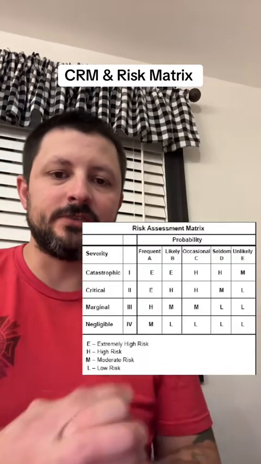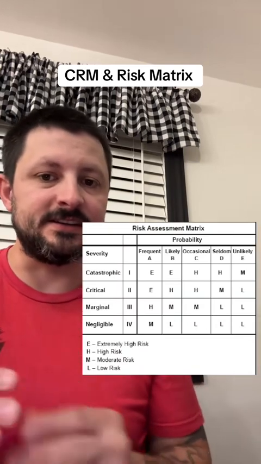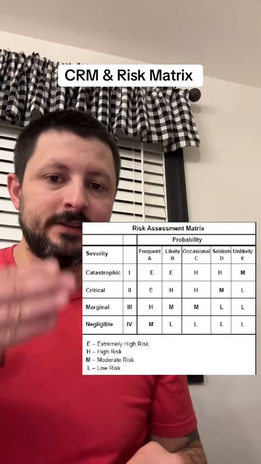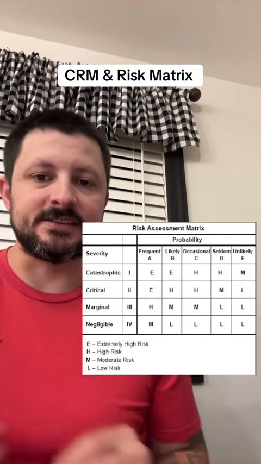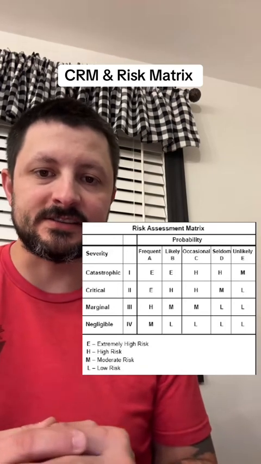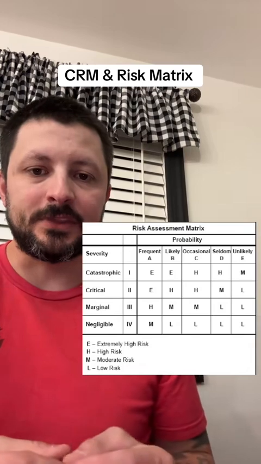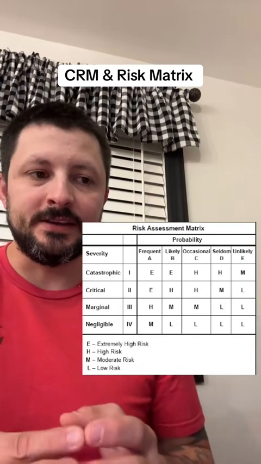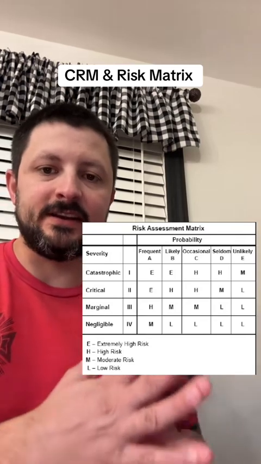So this is your risk assessment maintenance. Again, on the civilian side, I've seen it worded differently, but it's basically the same premises. You want to take all unnecessary risks out of the equation. There are going to be some residual risks that you have to accept.